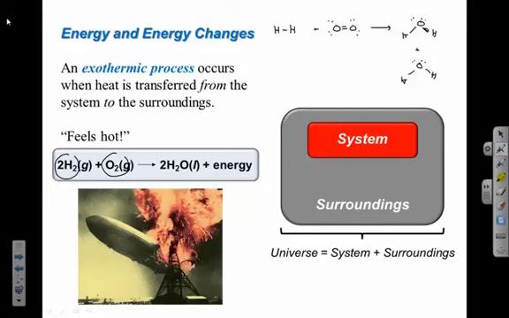Any attractions I break requires energy to be absorbed. Right? The attraction is holding particles together. If you break an attraction, usually for the particles, that has to collide with something with enough energy. That energy has to be necessary to break whatever the attraction is. So in a chemical reaction, I always have to break attractions. So that's always a positive quantity of energy. Without any energy in the surroundings, I can't break any attraction.